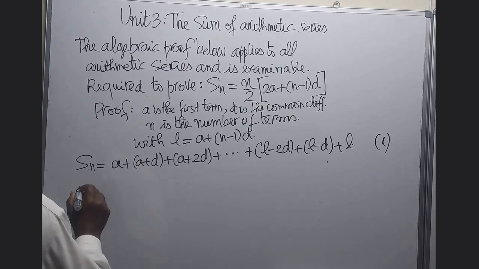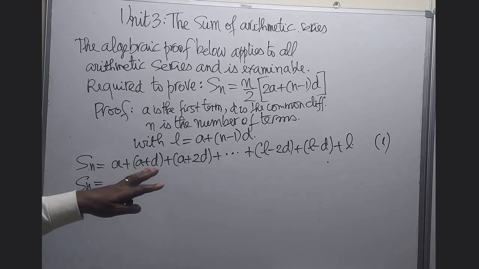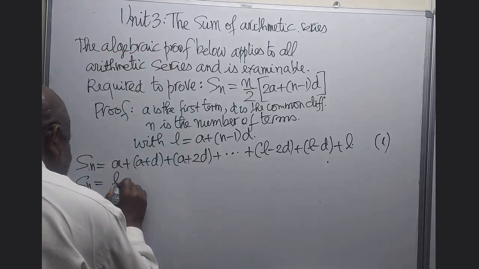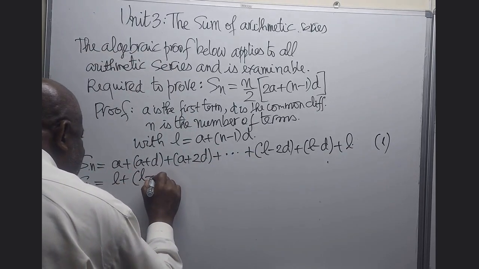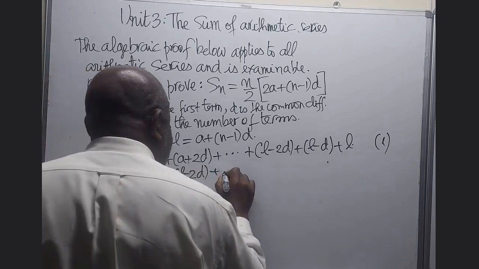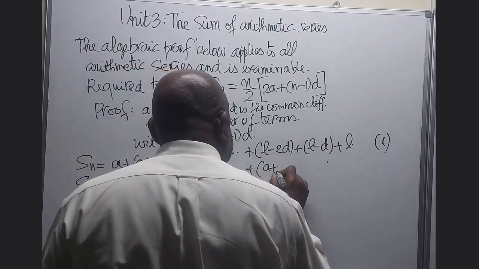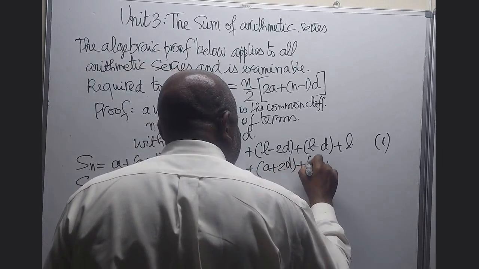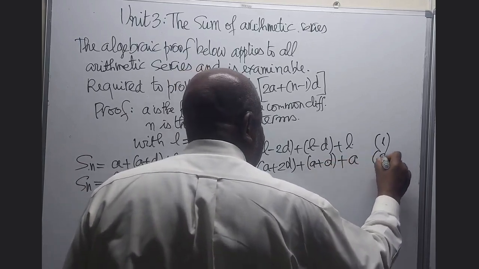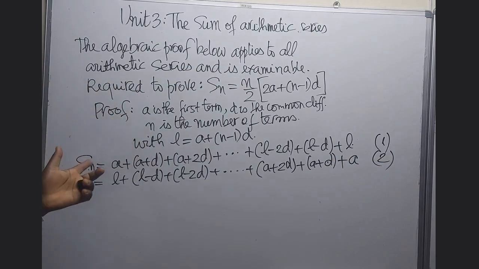I'm going to consider the very same series. Now I'll start with the last term. Then I'll be having L plus L minus d plus L minus 2d plus dot dot dot plus here I'll be having a plus 2d plus a plus d, and the first term is a. Then we're having the same series repeated but reversed.